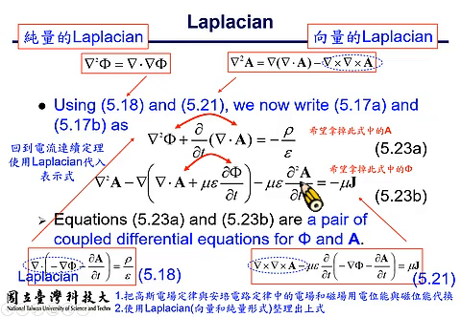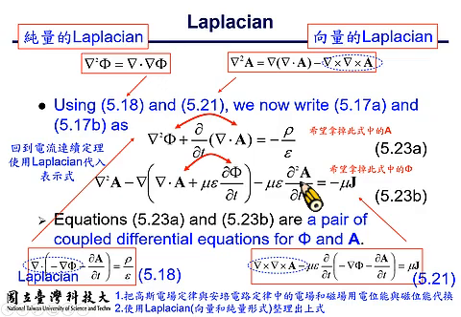With the substitution of the Laplacian of phi and the Laplacian of A, we end up with two equations which still trouble us, because in the two equations you have phi, you have A, and they show up in the same equation. You have rho, you have J, you have the sources. So what do we want?